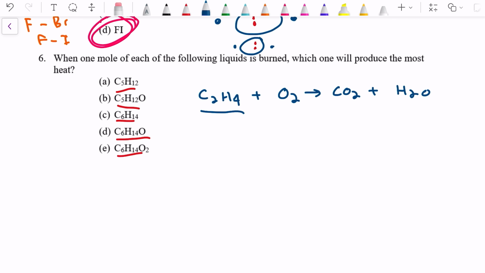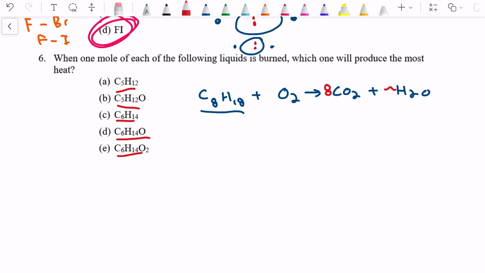If I were to balance this, I know I have 2 carbons. If this were instead C8 and H, 2 times 8 plus 2, so 18, and I wanted to balance it, this would become 8CO2 and so on.